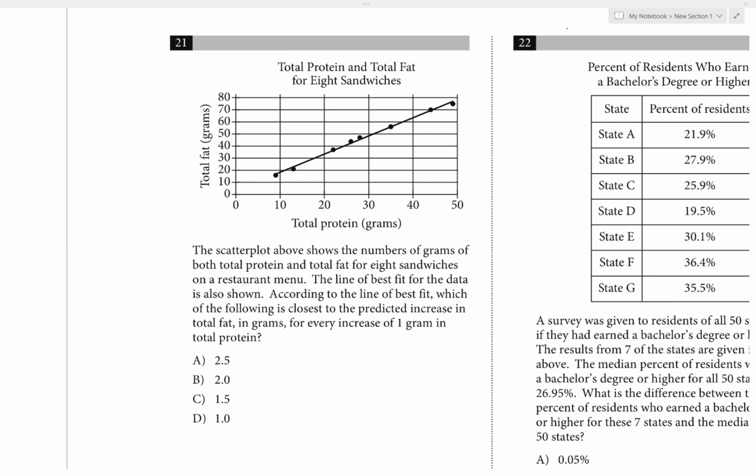In other words, as the x value increases by 1, how much does the y value change? So this is actually the slope of the line. The slope is a rate of change. That tells us how much the y value changes for every increase of 1 unit for the x value. So that's what we're trying to solve. We're trying to solve for the slope of the line.